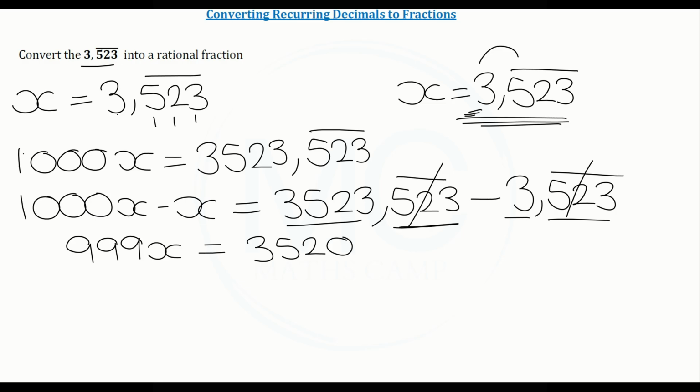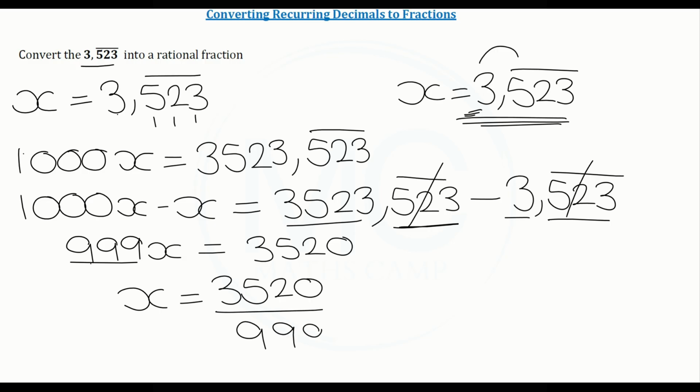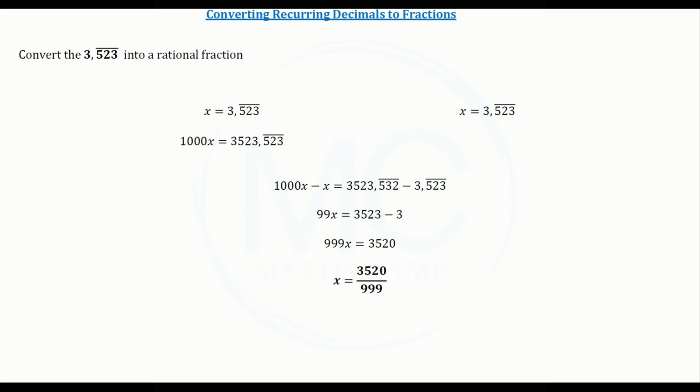And now we can solve for x. So let's divide both sides by 999, and we get x is equal to 3,520 over 999.